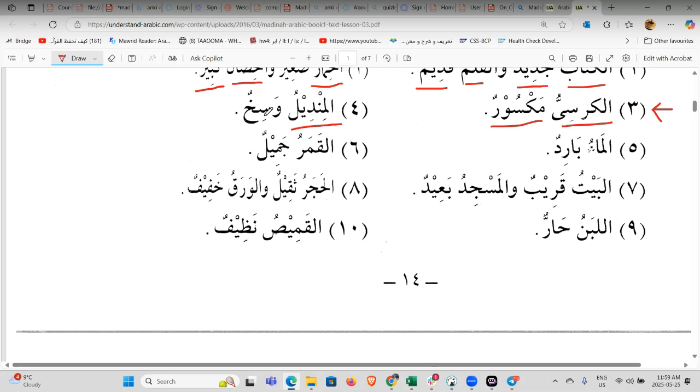Al-mindilu wasikhun, the handkerchief or the napkin is dirty. The napkin is dirty.